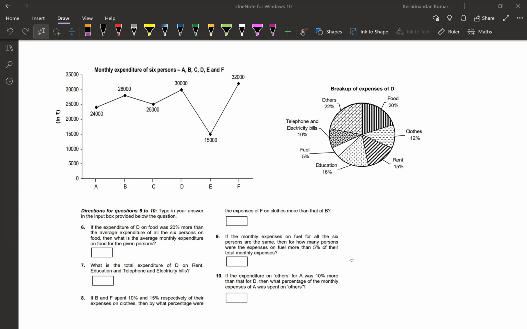That will be exact same for everybody, A, B, C, D, E, F. Now from there you have to compare, is that number that you are getting more than 5% of the salary expenditure or not? Got it?